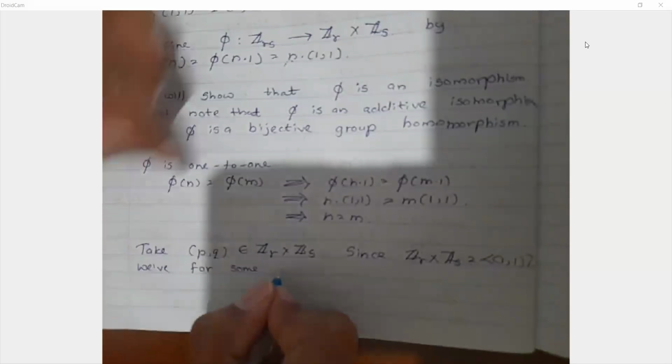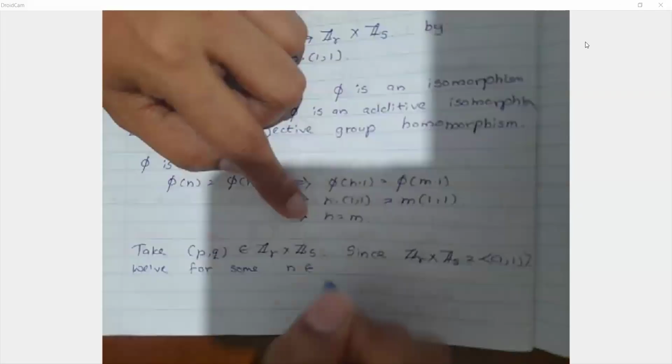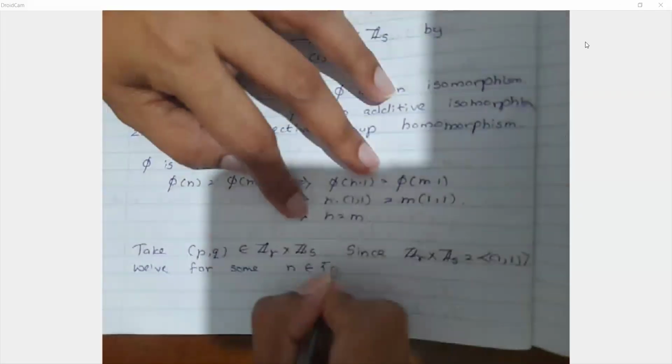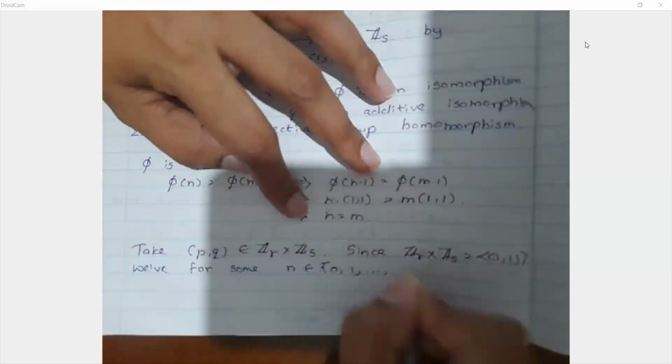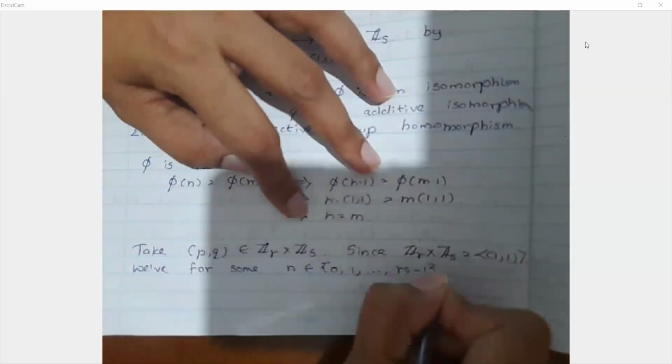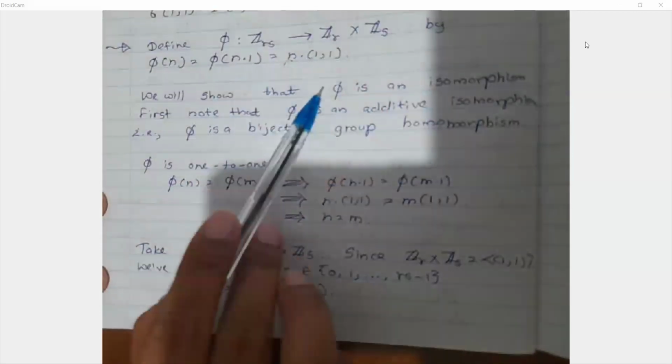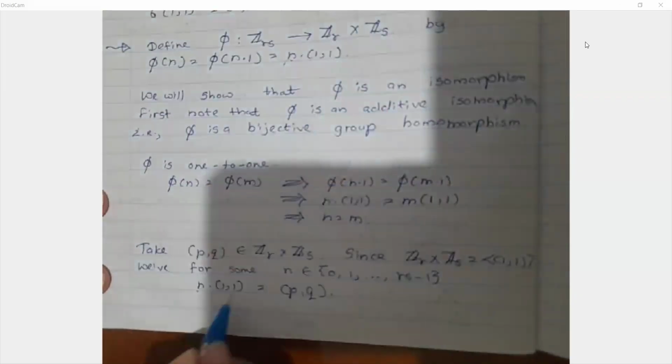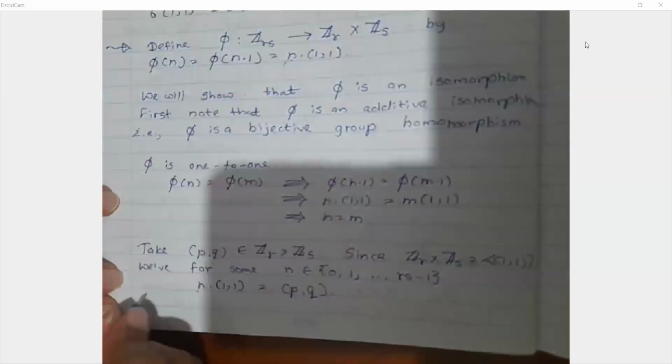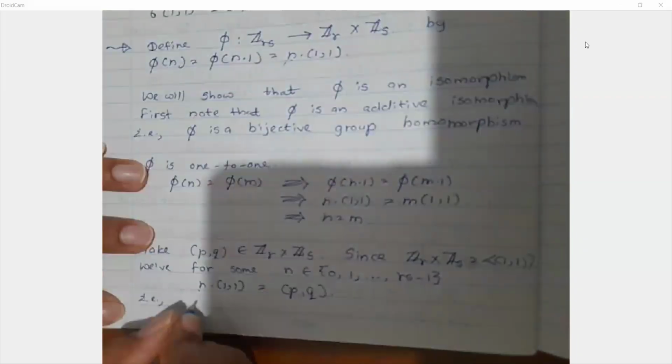for some n in 0, 1 up to RS minus 1, n times (1,1) equals (p, q), right? So when you go to the definition of this function, we have n times (1,1) equal to phi of n times 1, right? This is simply equal to phi of n.